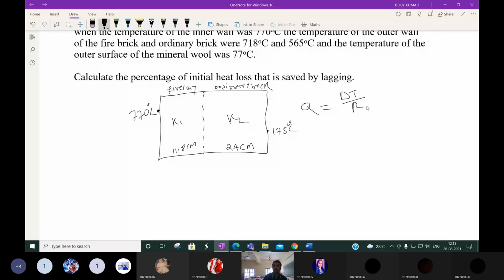So what will be the delta T? Please respond. T1 minus T2. T1 is 770 minus 175, by R value. R will be R1 plus R2, resistance by this wall and resistance by this one.